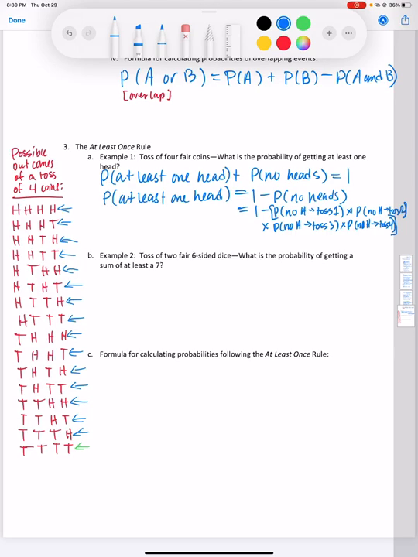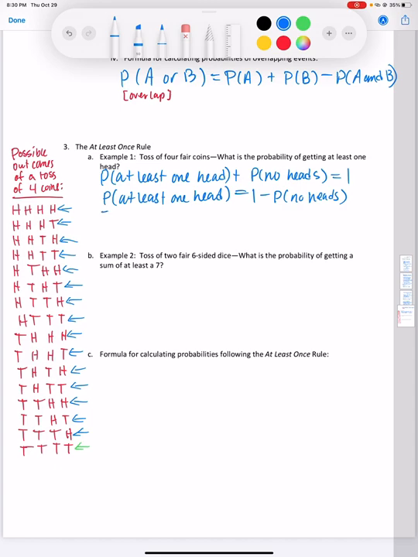We use brackets to help us there. Let me make that a little bit easier to read. So let's review. The probability of getting no heads is the same thing as the probability of getting no heads on all the tosses.